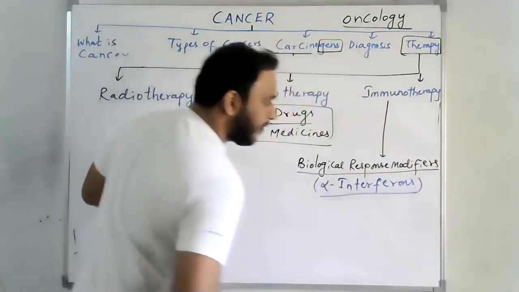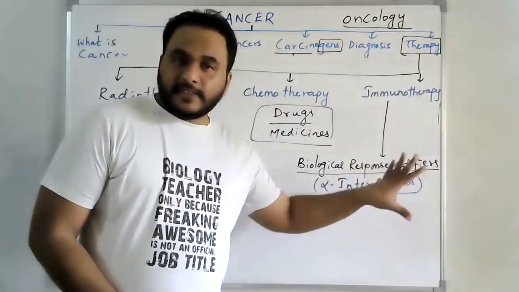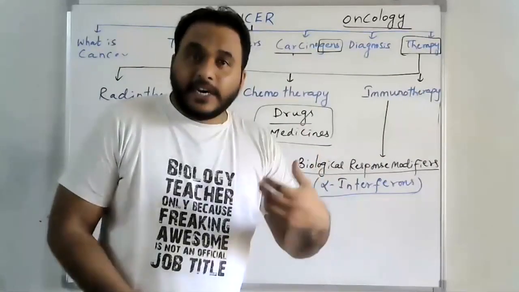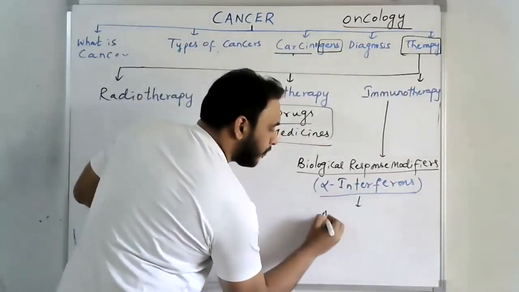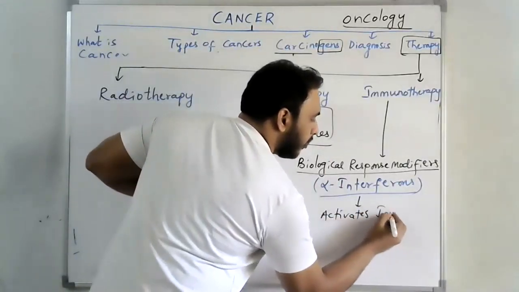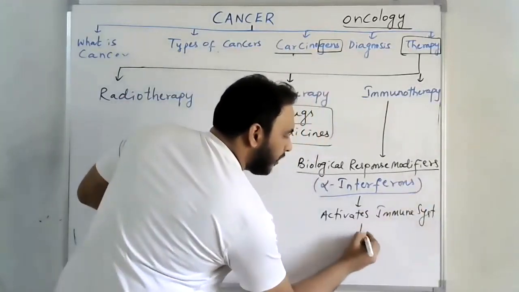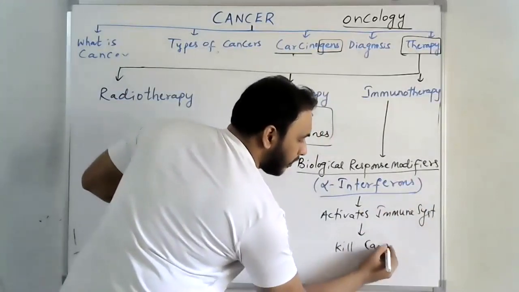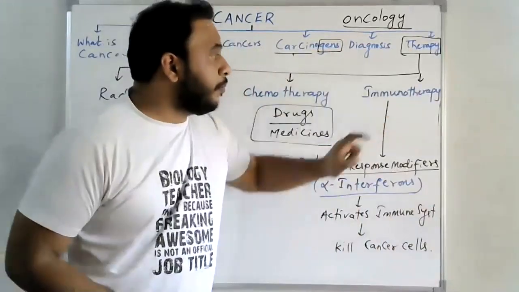Alpha interferons are injected into the body so that these biological response modifiers will activate the immune system, and further it will kill cancer cells. So this is one more method, immunotherapy.